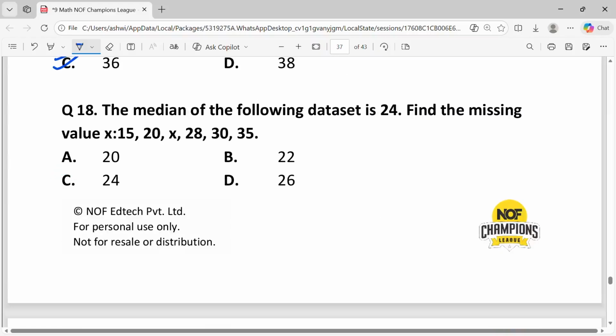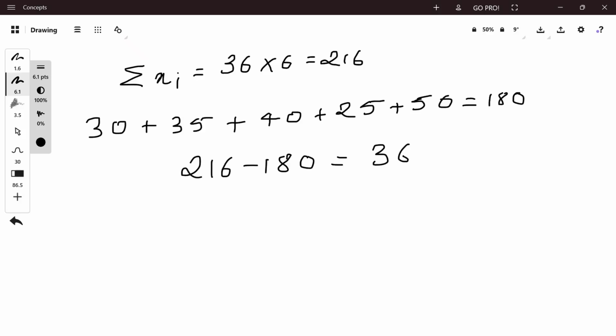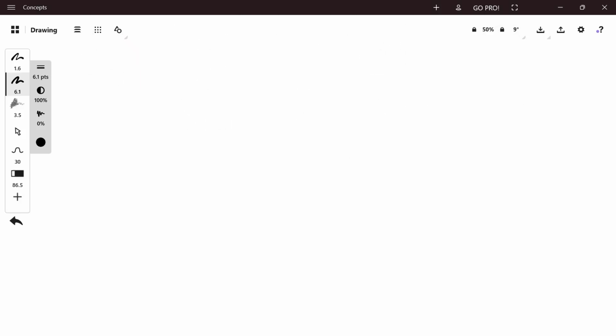Question 18. The median of the following data set is 24. Find the missing value x. 15, 20, x, 28, 30, 35. In the ordered data set, n is equal to 6 observations, which is an even number.